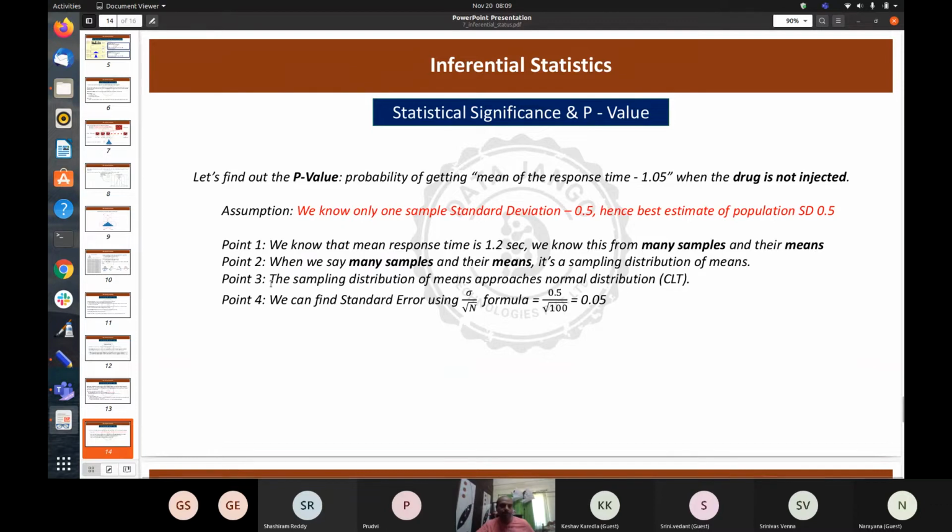This is one more statement we need to remember. And the standard error of the sampling distribution of means is sigma by square root of n. Sample size is 100. Sigma, we have assumed, is 0.5, so the standard error is 0.05.